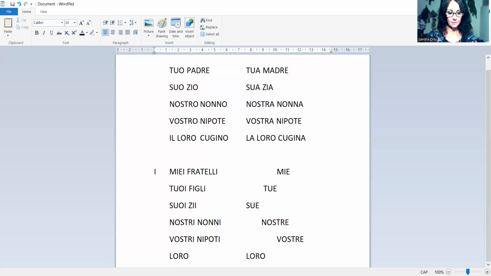And finally, we have cugini, which is cousins, all boys, or could also be a mixture of boys and girls. So let's see here. I miei fratelli, just one person talking about all my brothers. So this miei is plural because fratelli is plural, brothers.